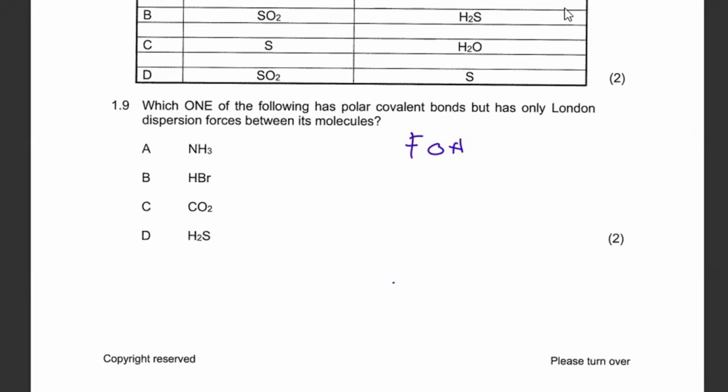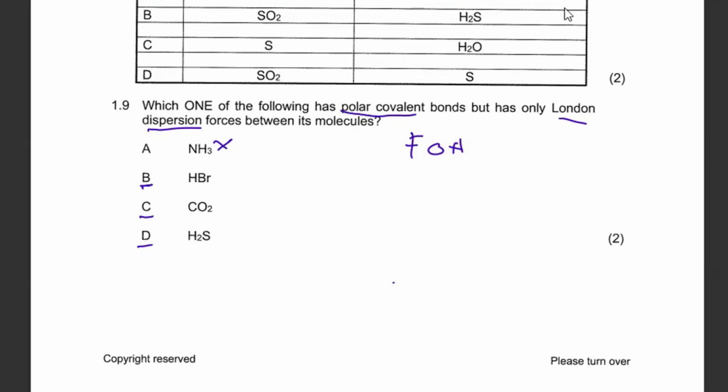The question says, which one has a polar covalent bond but only London dispersion forces between its molecules? So automatically you can count this one out, as it has hydrogen bonds. Then we also have HBr, carbon dioxide, then H2S. So the odd one out here is carbon dioxide.